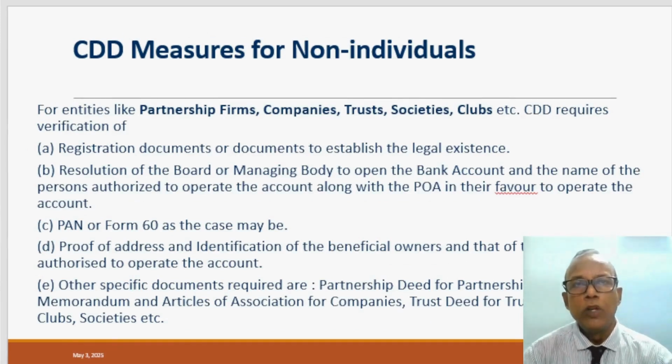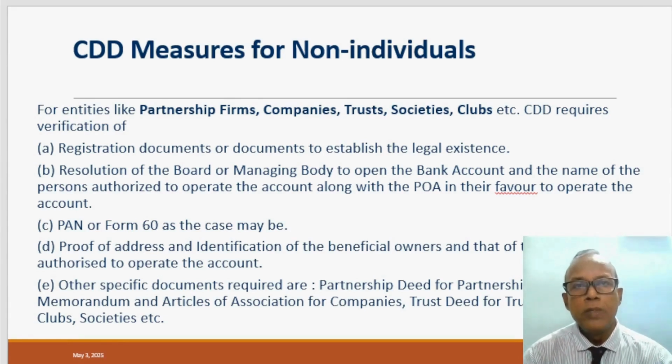Customer due diligence for non-individuals. For entities like partnership firms, companies, trusts, societies, clubs, etc., customer due diligence requires verification of registration document or documents to establish the legal existence, resolution of the board or managing body to open the bank account, and the names of the persons authorized to operate the account along with the power of attorney in their favour to operate the account.